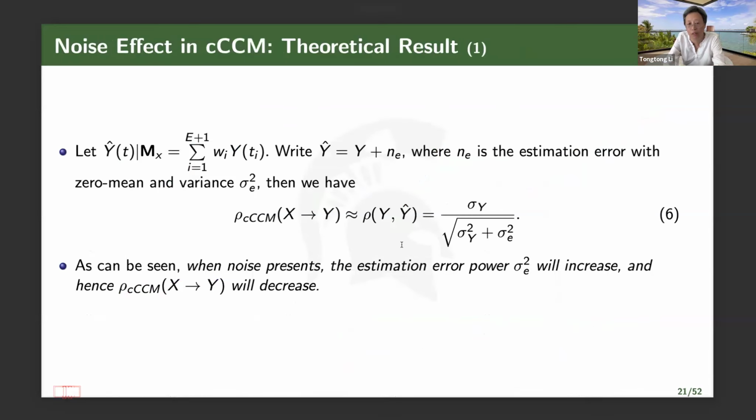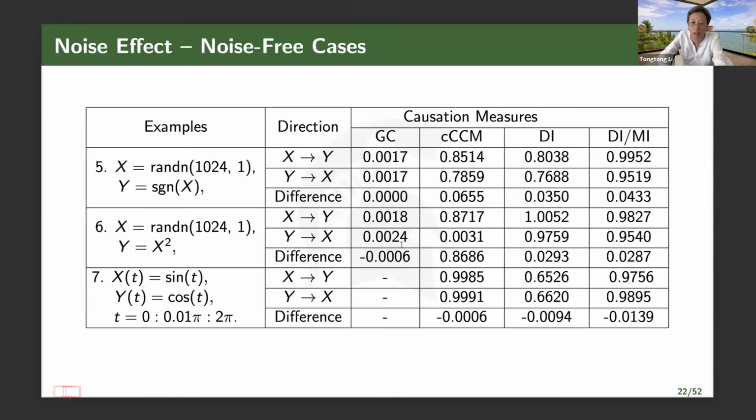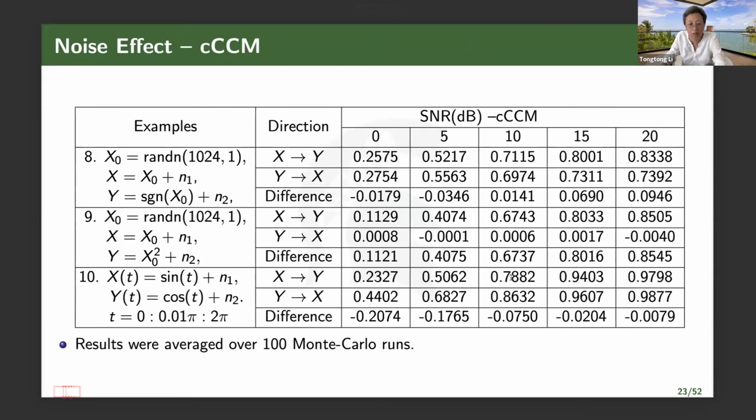Here we consider the impact of noise, and the theoretical results indicated that when there is noise, CCM will decrease. So we look at some examples. We see Granger causality does not work at all. Both CCM and DI would work, and here is the noisy version.